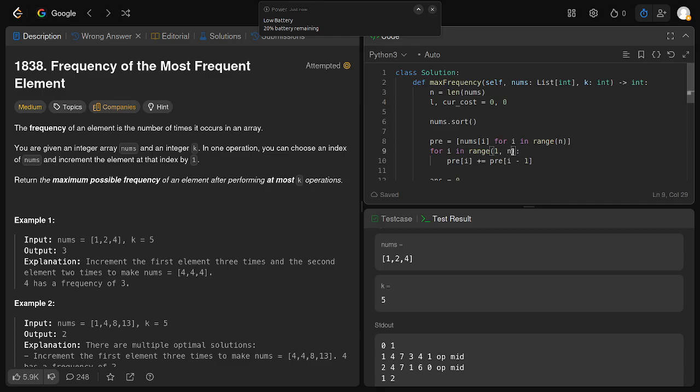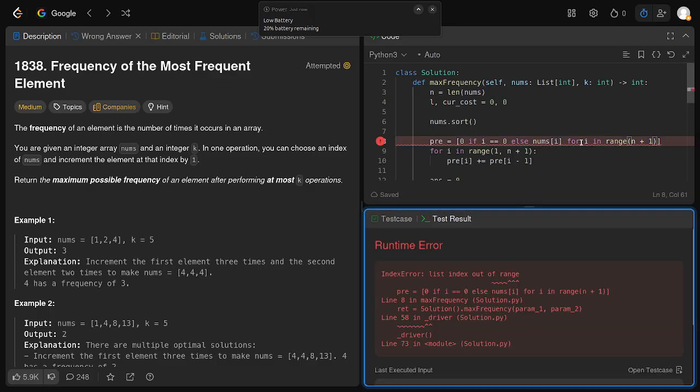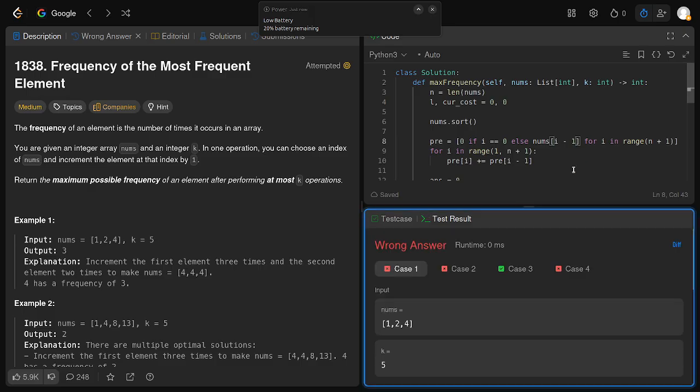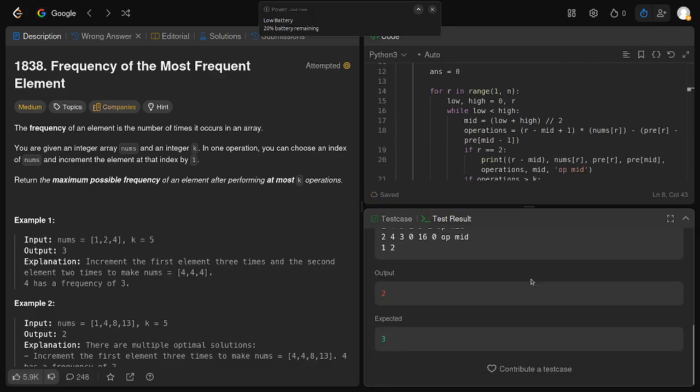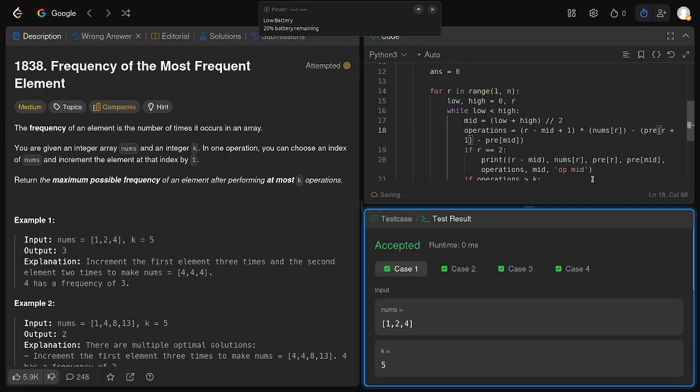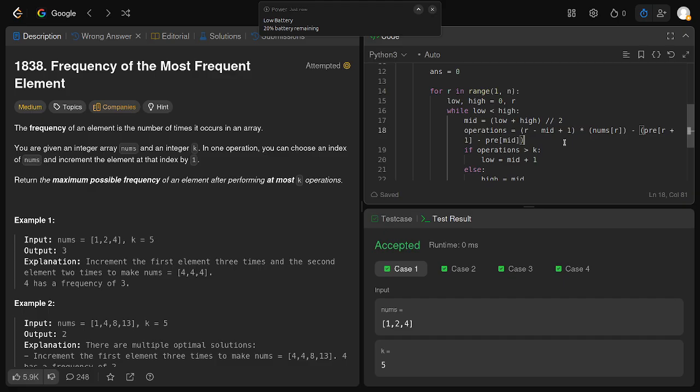Yeah, and then we want to do n plus 1, and this is 0 if i is 0 else nums[i minus 1]. Let's see, what the hell. So then this should be mid and this should be plus 1. Okay, finally works. Let's see, let's submit.